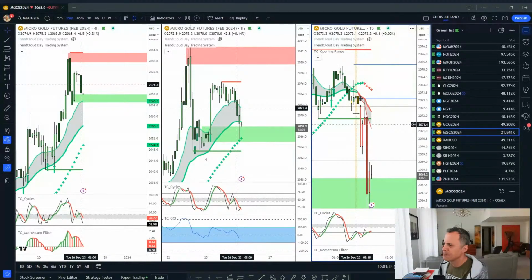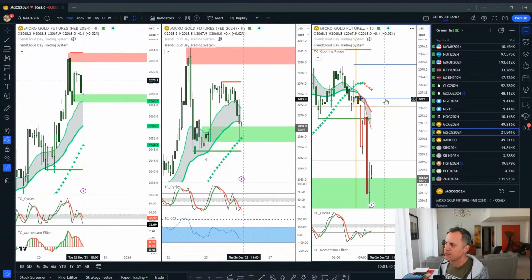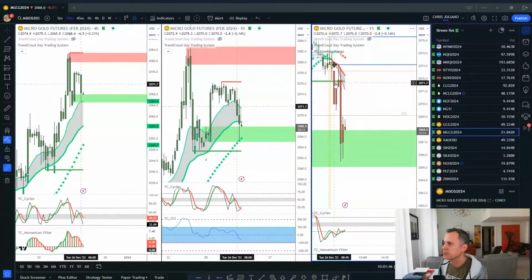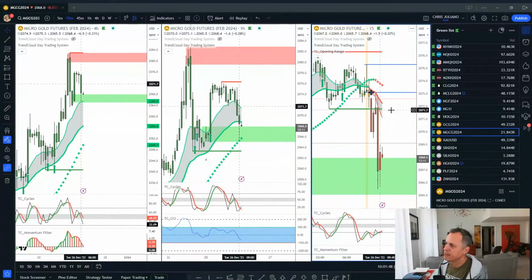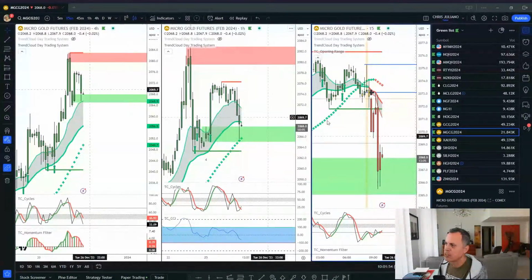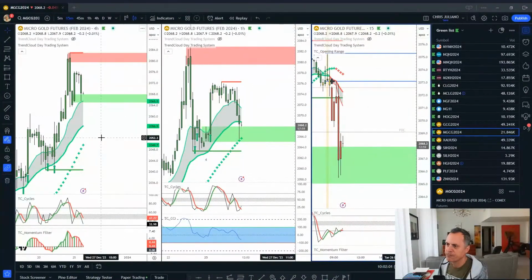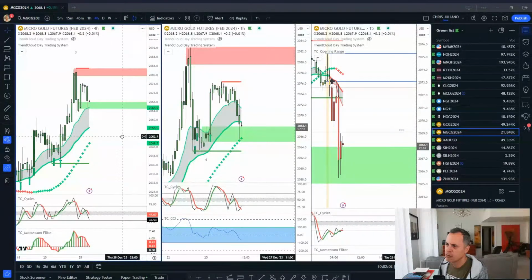Here's the breakdown, pulled back, retested that 15-minute trend cloud and the very bottom of the opening range, and made a move down. So this ended up being a counter trend movement. How short lived is this going to be? We don't know. It's probably going to be short lived.